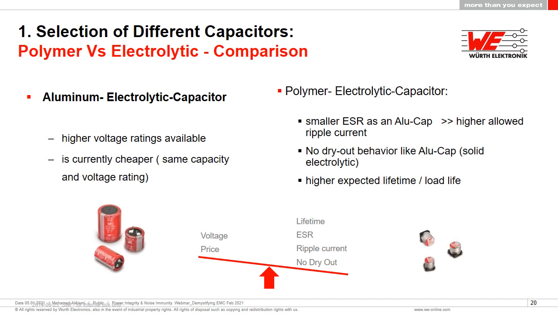Okay, here we go. So polymer versus aluminium electrolytic. The aluminium electrolytic has a higher voltage rating. So if you've got 400 volts, I'm sorry, can't do much about that. That's where, yeah, aluminium electrolytic will beat the polymers hands down. Naturally, from a price point of view, it is cheaper for the same capacity and voltage rating.